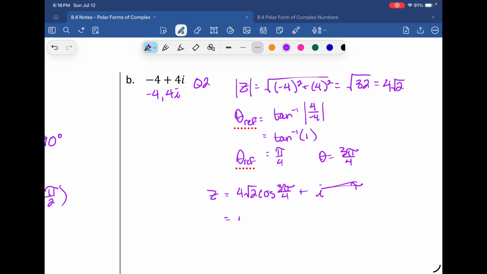Oops, forgot the radius there. We can do it factored out. My gosh, I'm doing great with that i.